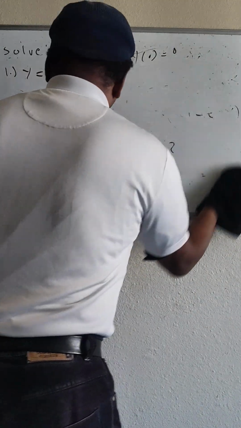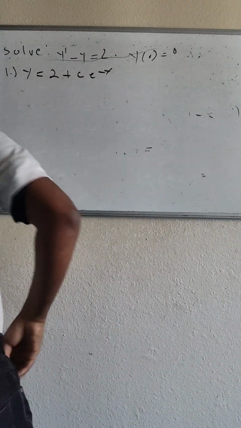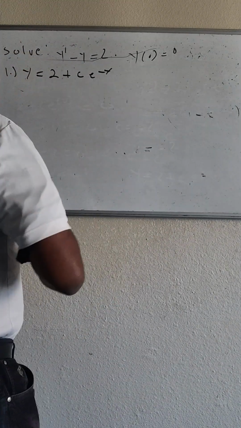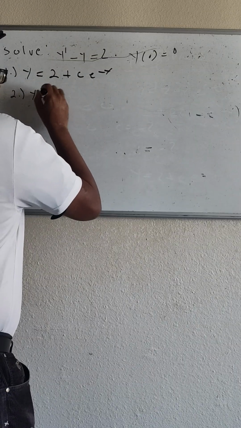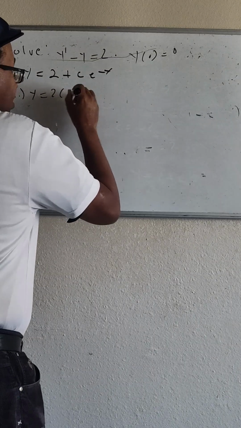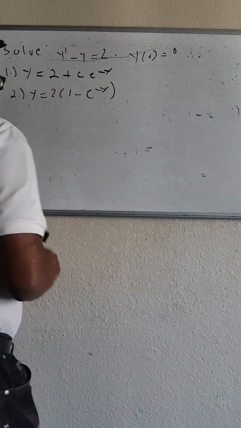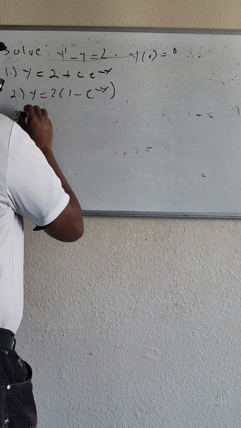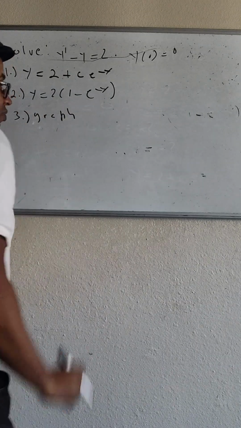So I'm going to go ahead and talk about the characteristics of this equation. So part 2, initial condition: we have y equals 2 times 1 minus e to the negative x. And thirdly, we do a graph, right? So we want a graph.